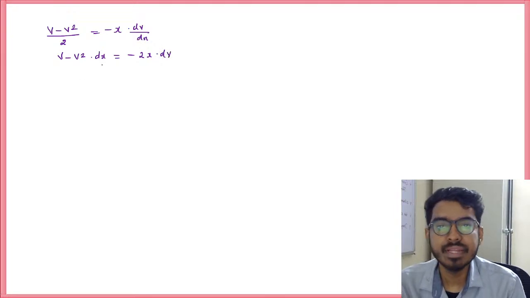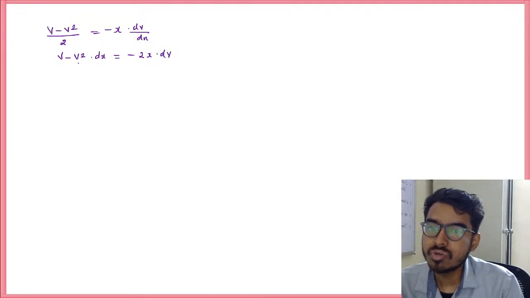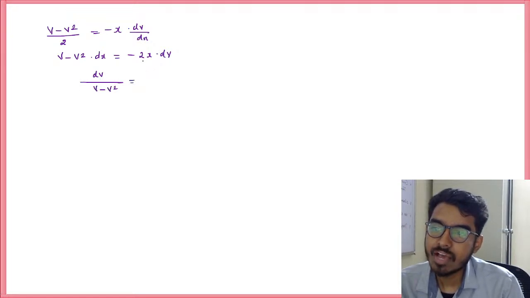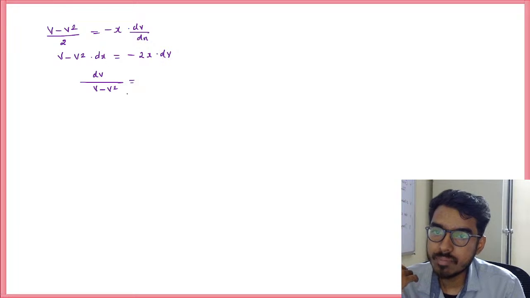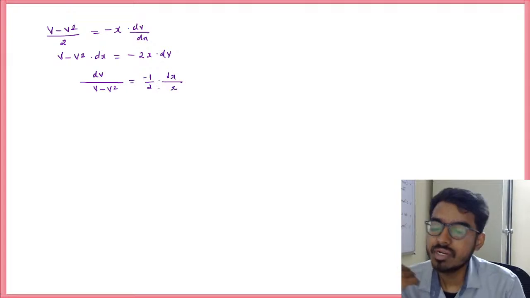So we will separate v's and dv's to one side, x and dx to the other side. So dv divided by v minus v square is equal to minus 2, which we will keep here itself. So dv by v minus v square, and here we will have minus 1 by 2 dx by x.